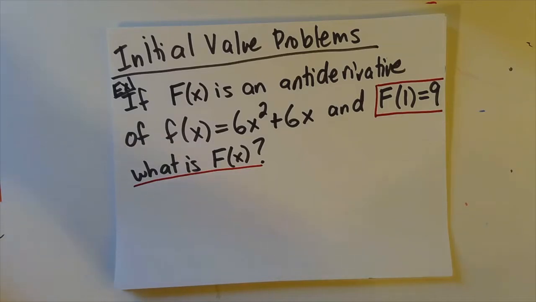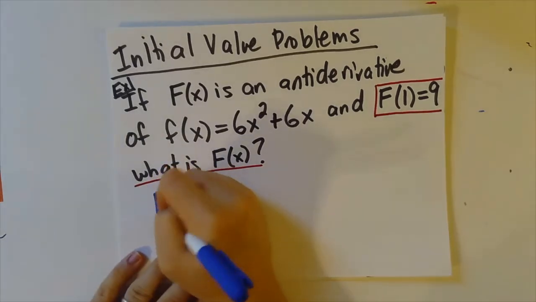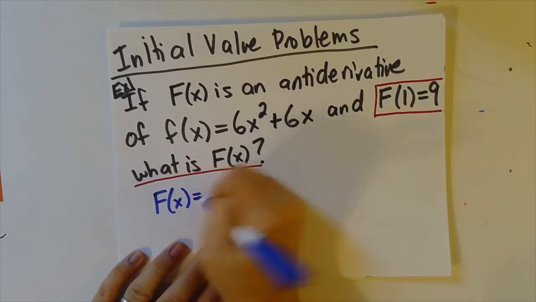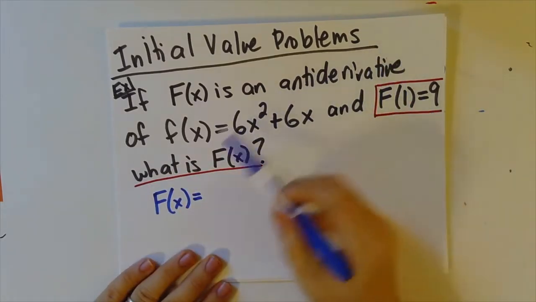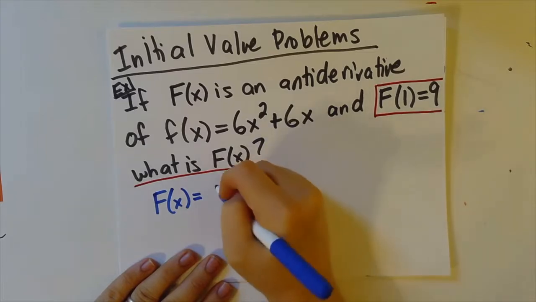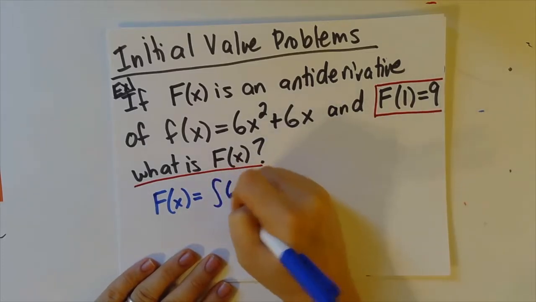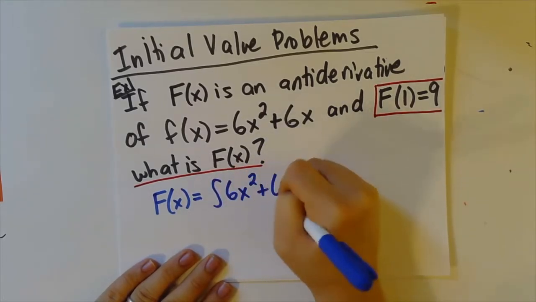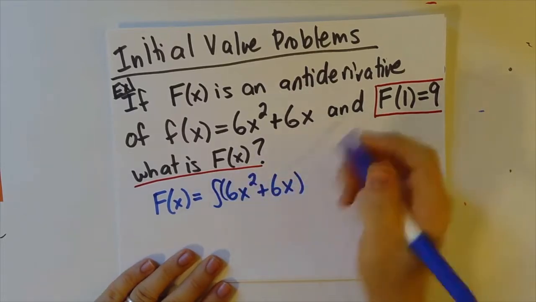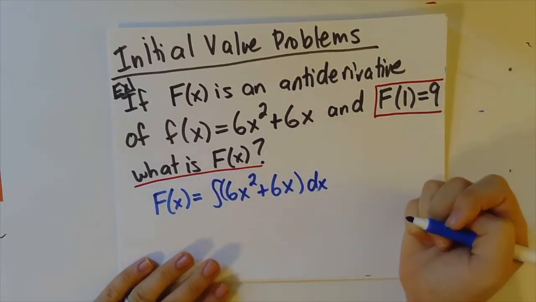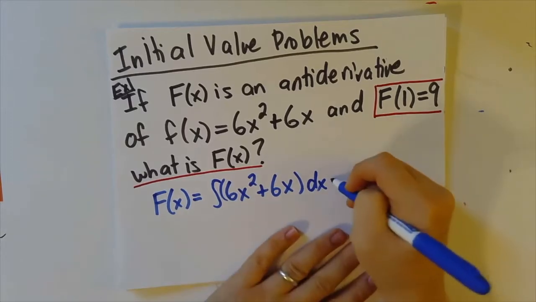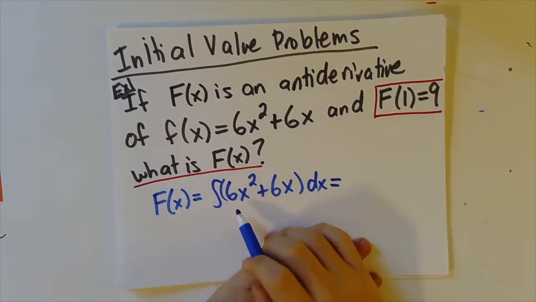Okay, so let's write this down. So it says big F of x is an antiderivative of little f of x, which means big F of x is this thing. And so we can do this by our power rule.